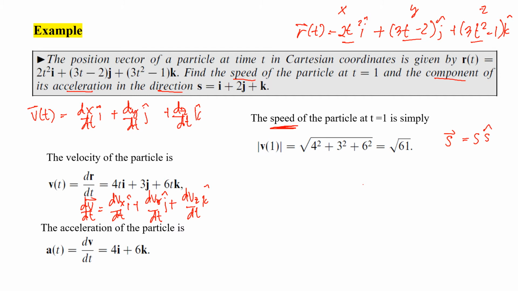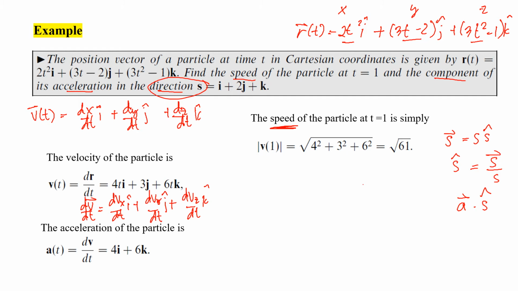Your s hat is equal to your vector s divided by the magnitude of s. And we're asked for the component of its acceleration in the direction of s, meaning we are asked for the dot product of your vector a with your s hat.